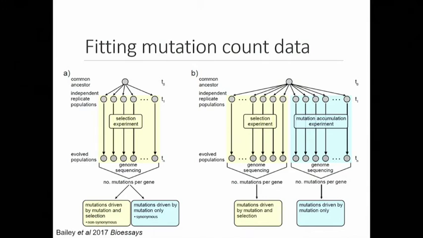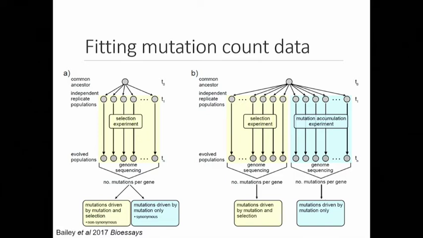An alternate way to do this: we've also done this with data where we have some selection experiment, and parallel to that, a data set from the same species in a similar environment, but using a mutation accumulation type setup. A mutation accumulation experiment is where we try to remove the effects of selection, and just look at how mutations accumulate in the absence of selection. In a microbial setup like this, you would bottleneck the bacteria down to a single cell, effectively removing selection because you're bottlenecking to very small population sizes.